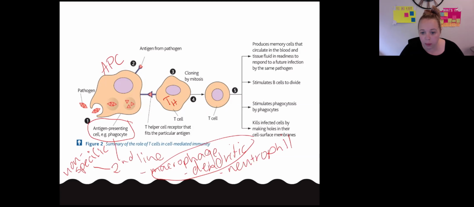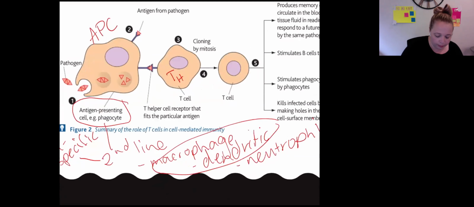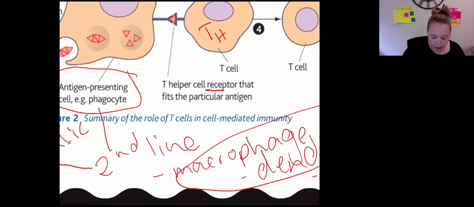Its whole point, and this is the starting point for both this branch of the specific immune system and the next one, is to help bridge the gap between the non-specific APC from your innate immune system and the response that you're going to get from your specific immune system. You can see here that the T helper cell has a receptor that fits that particular antigen. So once again, we have another complementary shape.